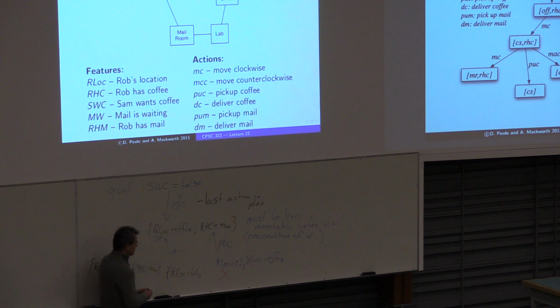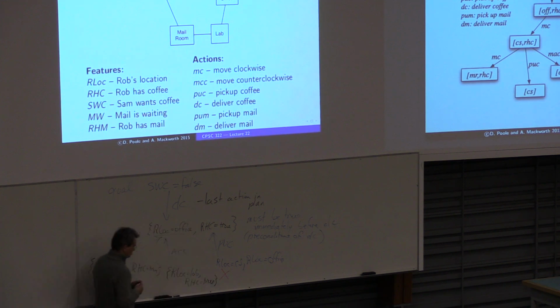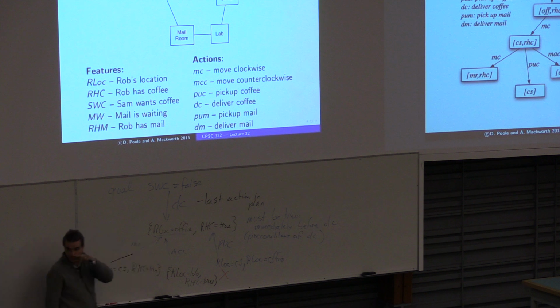And what else has to be true? Right, RHC has to be true. So if I'm in the lab and then I move counterclockwise, I'm in the office. Is that right? That's what it's doing. So if I'm in the lab with coffee is true, then I move counterclockwise and these two have got to be true. Okay, does that make sense?